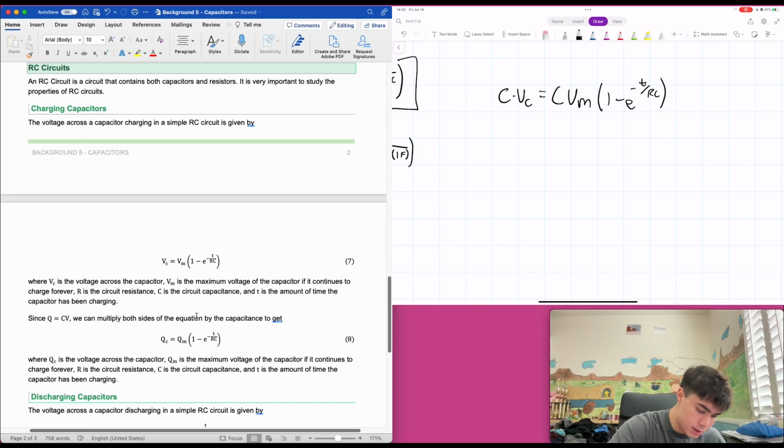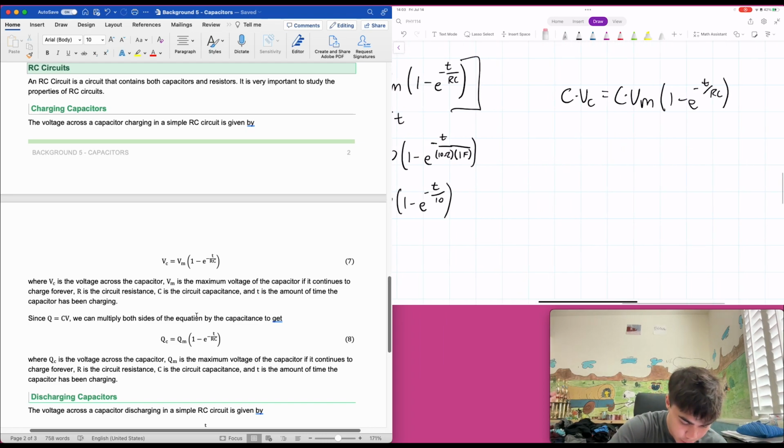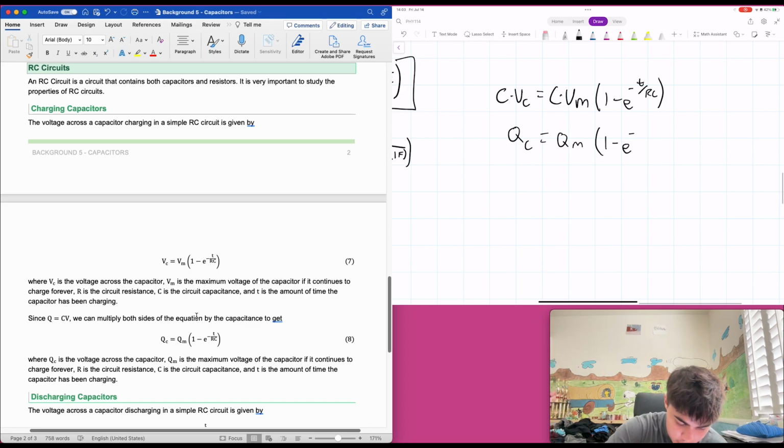But the voltage times the capacitance is charge. So we have the charge of the capacitor is equal to the maximum charge times 1 minus e to the negative t over RC.